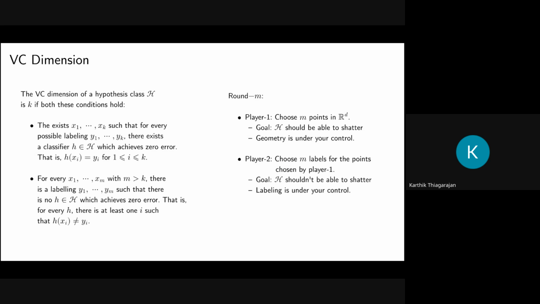So let's say you spend 4 minutes trying to argue as player 2, and you are finding it very hard to show that 31 points can also be shattered. Stop there. Just output the value as 30 and move on. So that is one point regarding VC dimension questions, which I would like you to remember.